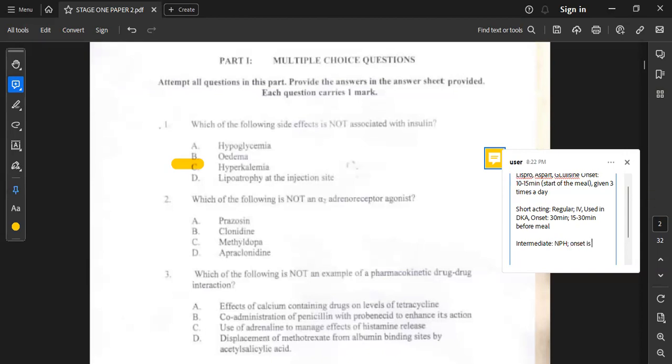The onset is 1 to 2 hours, and it can also be used to control glucose levels between the meals, and also in combination with short acting.